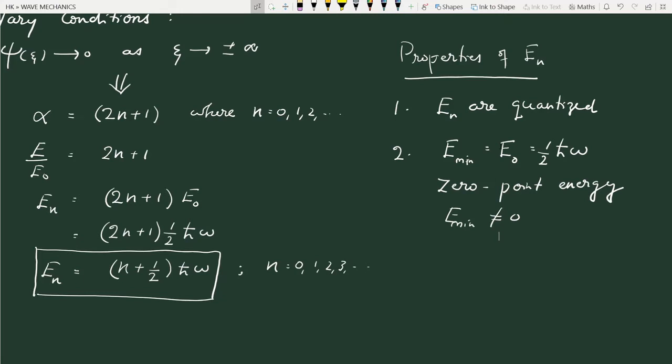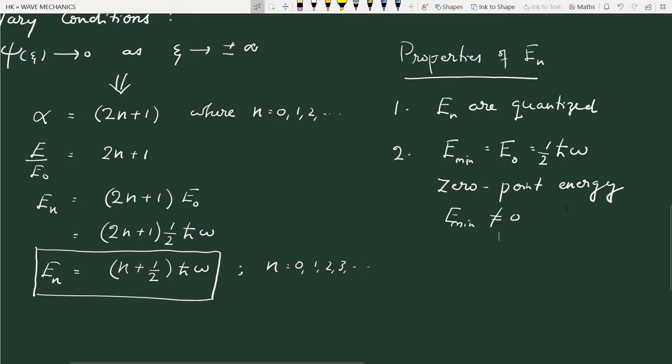So minimum energy cannot be zero, because if minimum energy is zero, then minimum momentum is zero. Then for the ground state, since the momentum is zero, delta p is zero. But if delta p is zero, then delta x should be infinitely large. But for a bound system, delta x is finite. So according to the uncertainty relationship, if delta x is finite, delta p should be finite. This implies that minimum energy has to be non-zero. So it's a consequence of the uncertainty relationship.